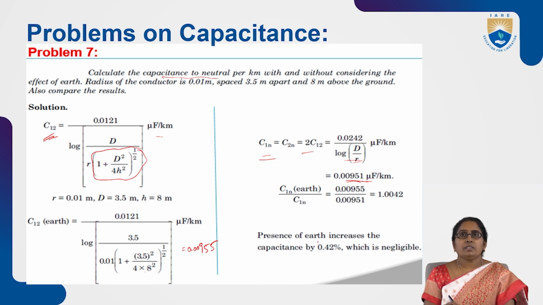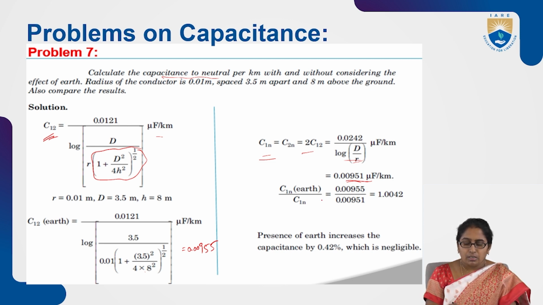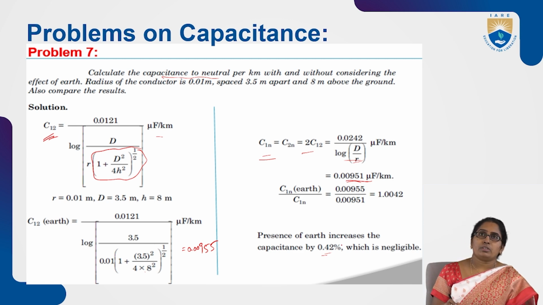That means the effect of earth increases the capacitance value by only 0.42%, which is a very negligible value. That is the conclusion.